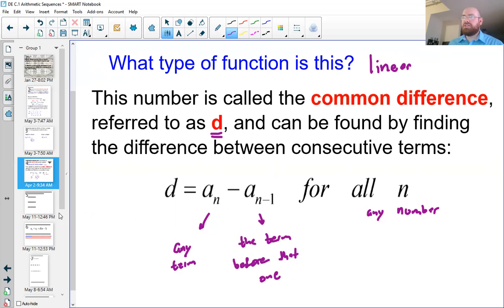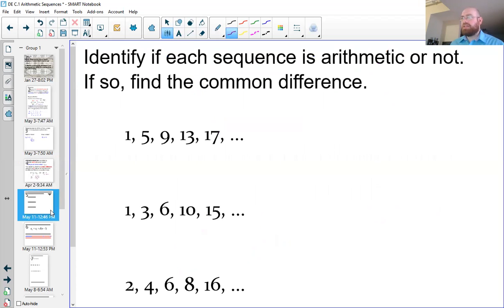So let's look at some lists of numbers and identify if these are arithmetic sequences or not. So notice that we have 1, 5, 9, 13, 17. Even though our sequence starts out front, I'm going to start at the very end.